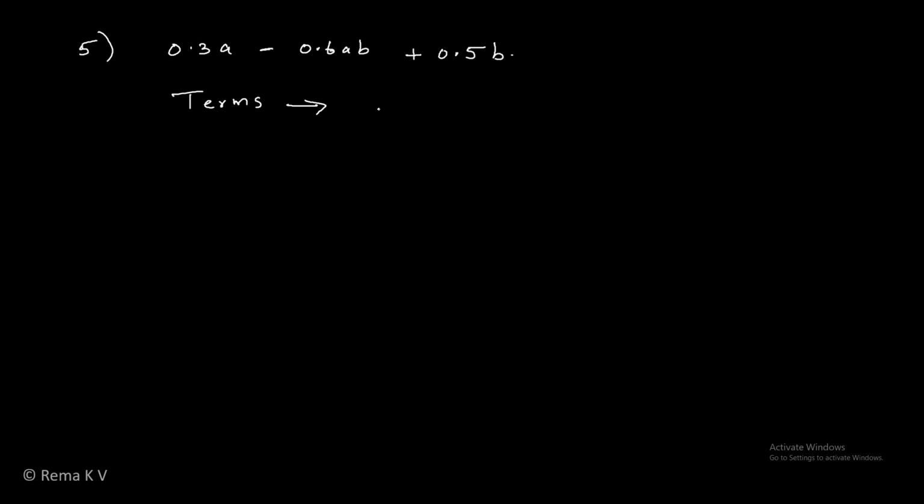So the terms are 0.3a, minus 0.6ab and the third term is 0.5b. So which are the coefficients here?